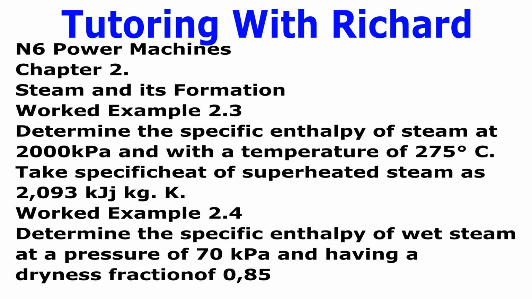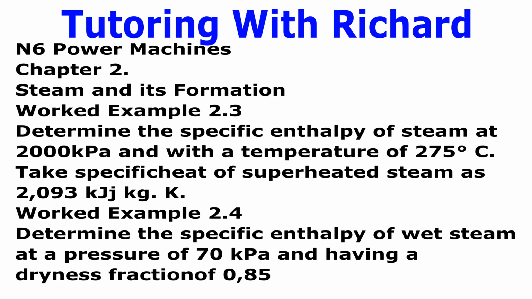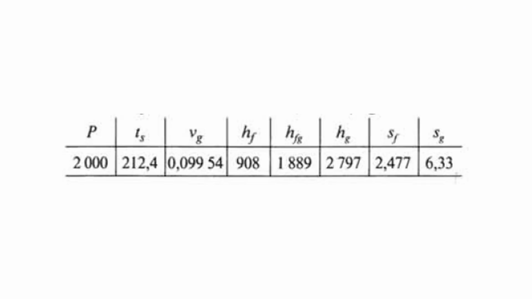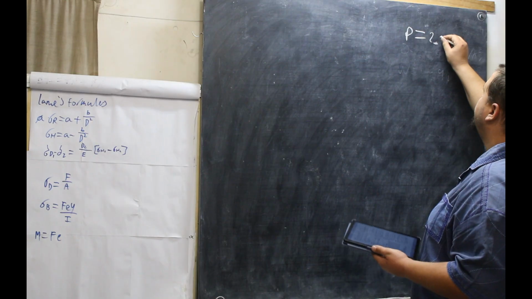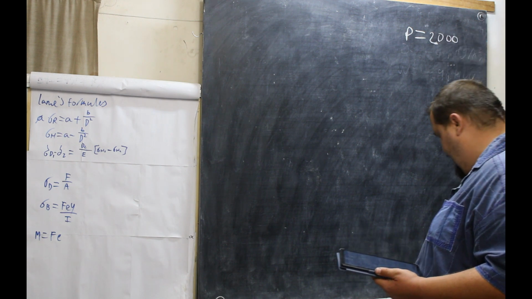Now our question states, we are using steam tables. We are learning how to use steam tables in these questions. So the first question, 2.3, is determine the specific enthalpy of steam at 2000 kPa with a temperature of 275. So, pressure is 2000 kPa.